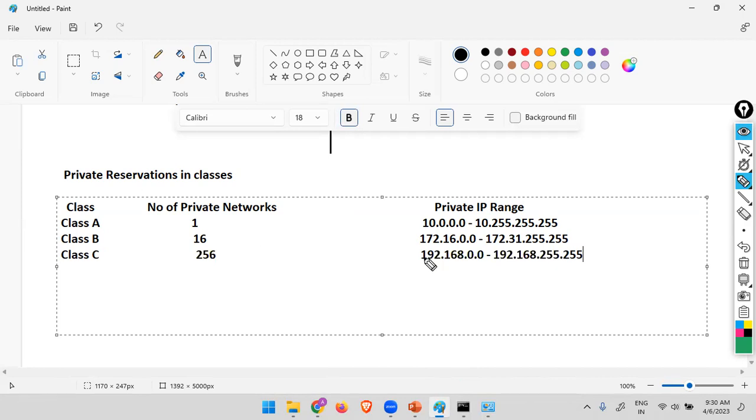What is the network part? First 3 octets. And my network octet is changing from 0 till 255. Means 0 is one network, 1, 2, 3, like this till 255. So total 256. If you see any IP that is starting with 192.168, 172.16 till 172.31, and 10, that means it is a private IP. And remaining everything is public IP.